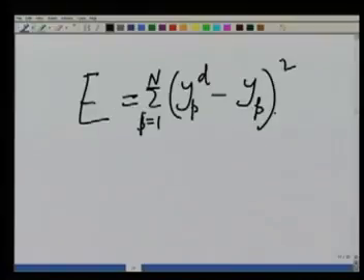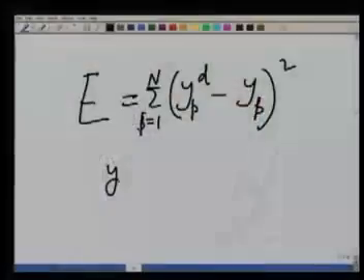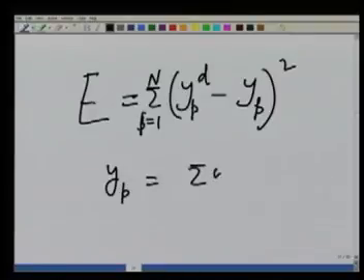So, what is the meaning of that? My actual system gives me the output ydp and the neural network gives yp. Okay. So, again to remind you, my yp is sigma wi xi p. So, this is my pth input pattern, and pth input pattern gives me output yp using the neural network weights wi, and these weights do not correspond to the actual weights.